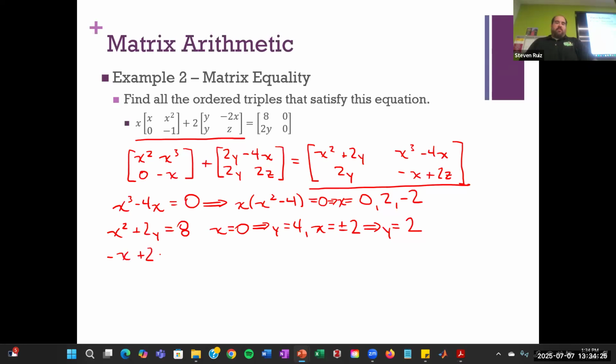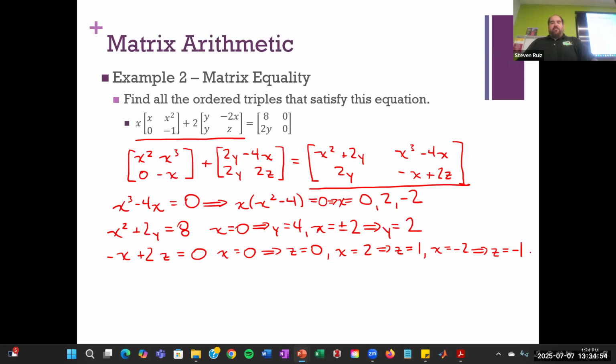Negative x plus 2z equals 0. So I have conditions for x. Again, I can kind of run through them. If x equals 0, then what's z equal to? Yep. If x equals 2, then z is equal to 1. And if x equals -2, z equals -1.